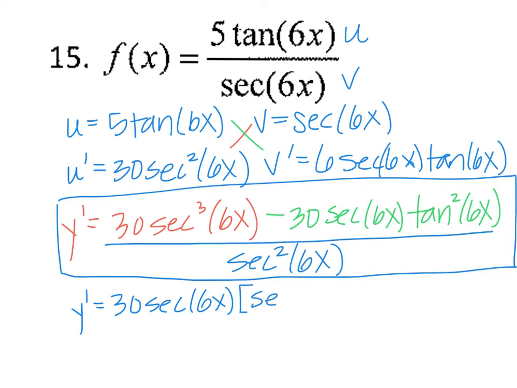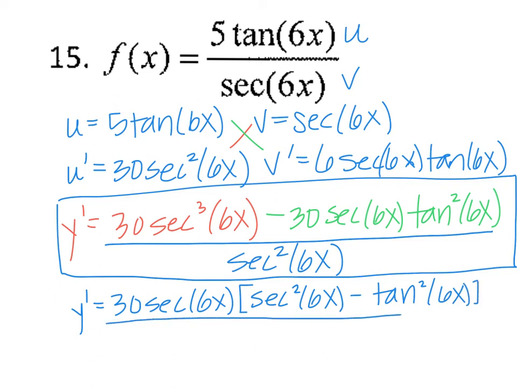So it leaves me with secant squared of 6x in my first term, minus just the tangent squared of 6x, over secant squared of 6x.